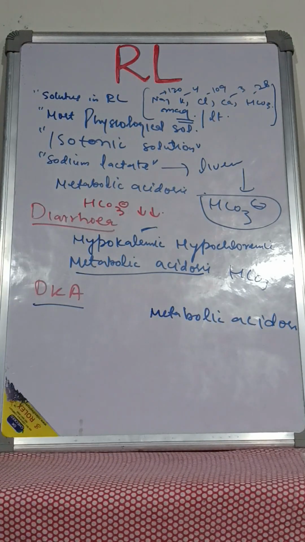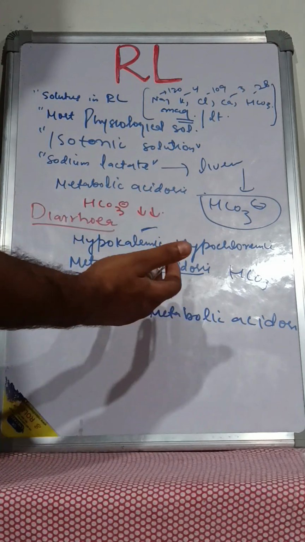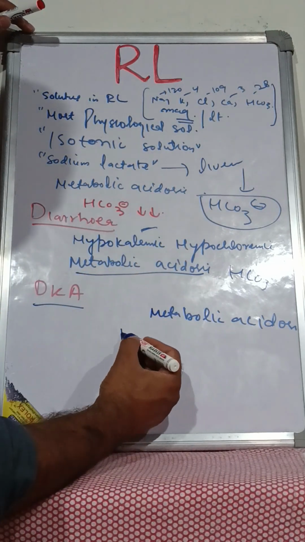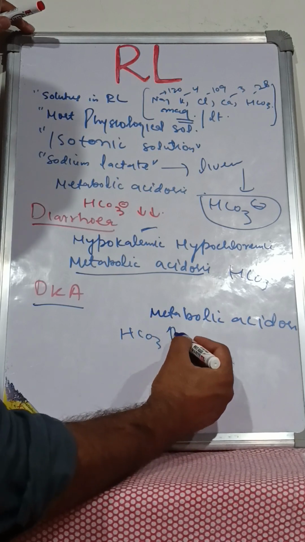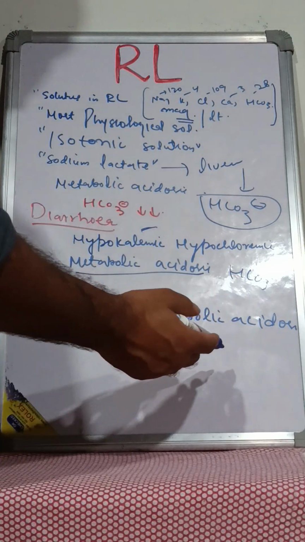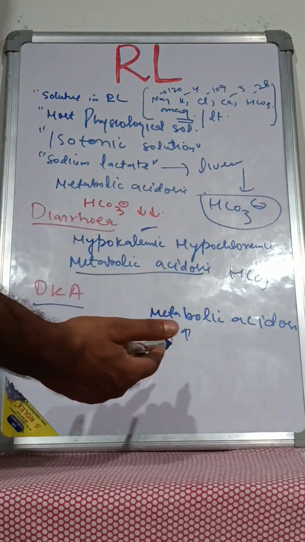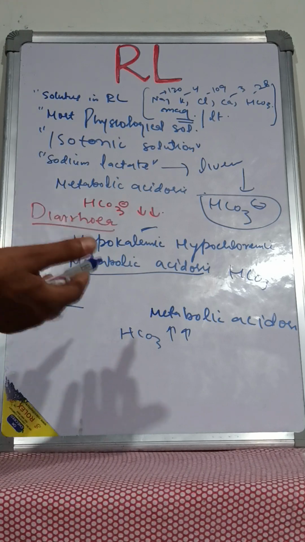When there is metabolic acidosis, by supplying RL you are adding bicarbonate. When you add bicarbonate, the bicarbonate concentration will increase. It means the metabolic acidosis, that is the decrease in bicarbonate concentration which happens in DKA, will get corrected.